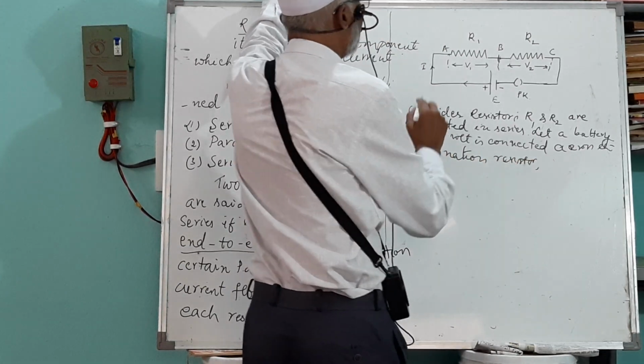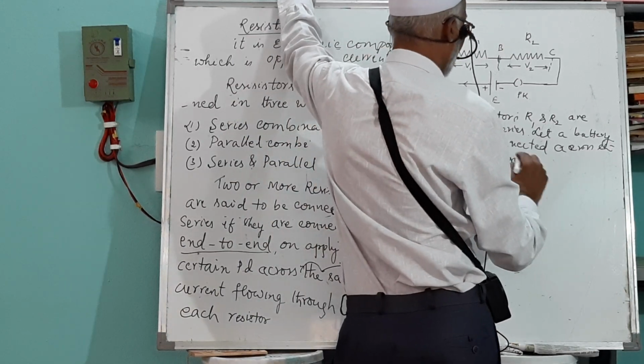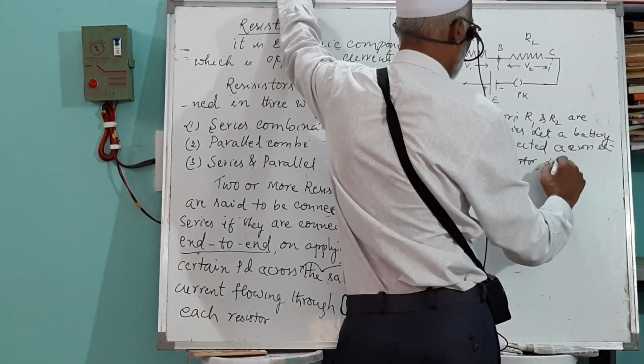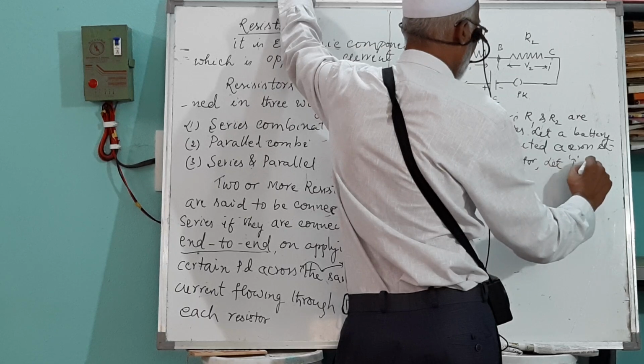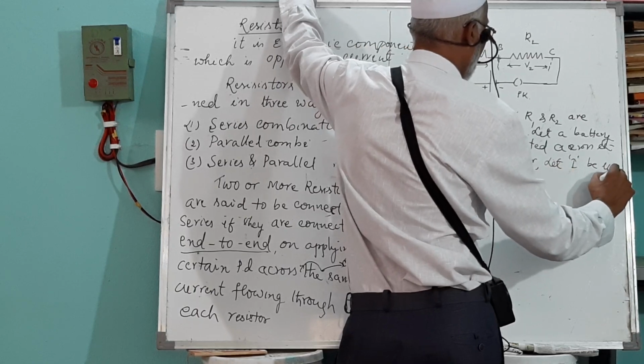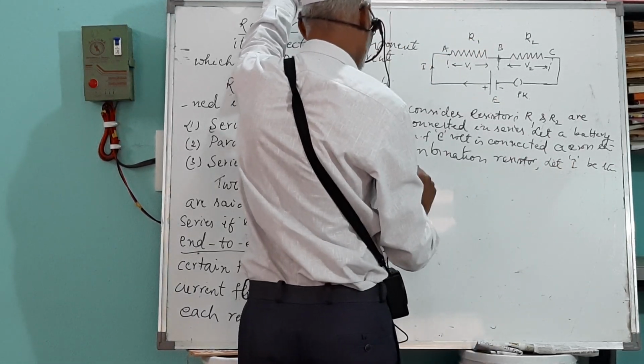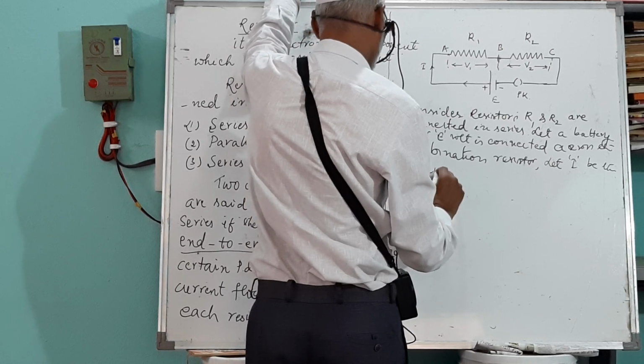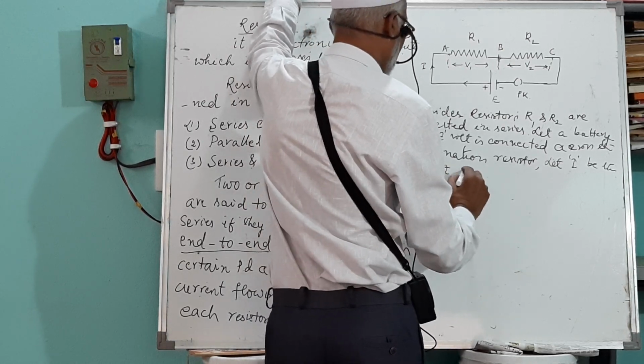As a result, I ampere of current is flowing. Let I be the current.